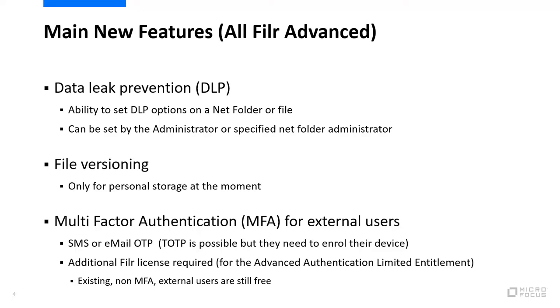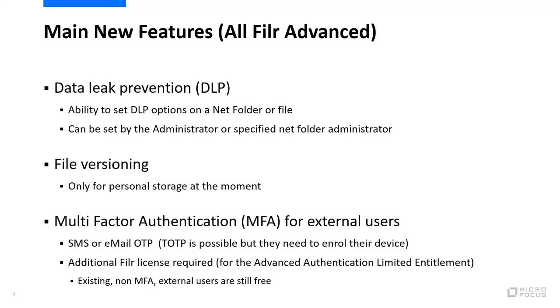We've also added multi-factor authentication for external users. Typically this is going to be SMS or email one-time password. So when you share a file with an external user, once they've registered, and the registration process now includes a mobile number, when they authenticate to access a shared file, they'll be prompted for an additional bit of information.